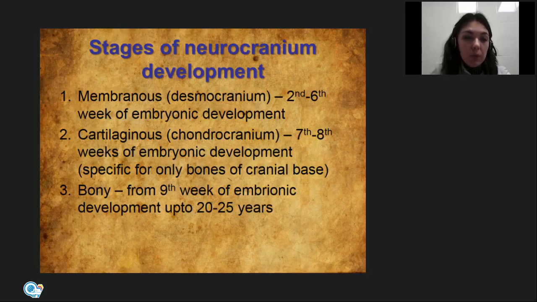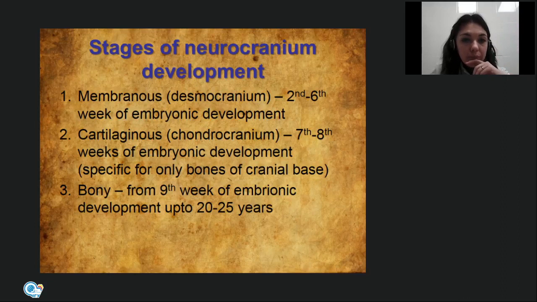I want to emphasize that it is specific only for bones of the cranial base. And the bony stage of neurocranium development lasts from the 9th week of embryonic development up to 20 to 25 years. After 25 years, growth of skull bones is completed and nothing new happens.